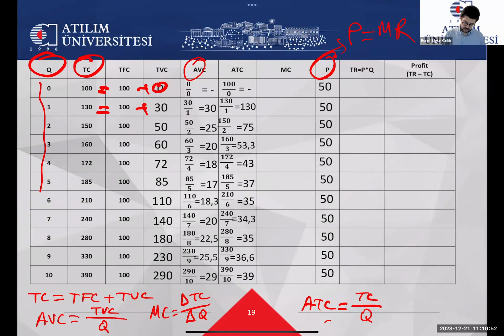And as you see, the change of quantity is 1 in all rows, so that part is 1. So we are able to look only at the changes of total cost. At the 0 level, there is no marginal cost. Then you see 30, 20, 10, 12. It's going to go like that.